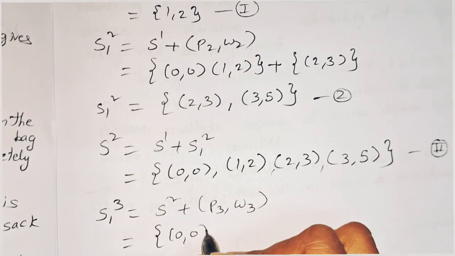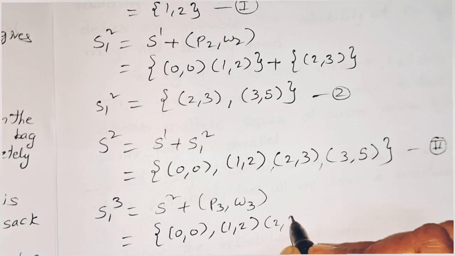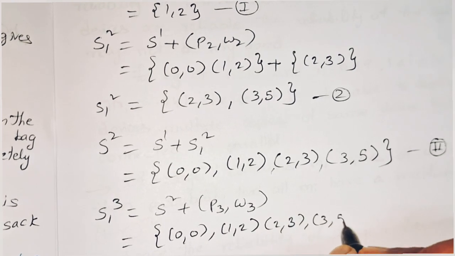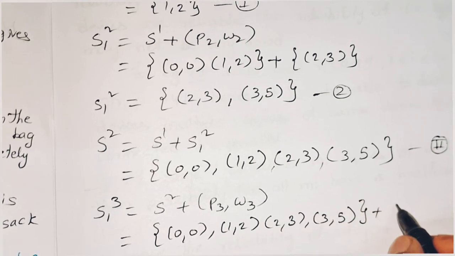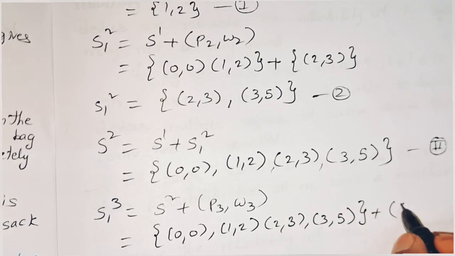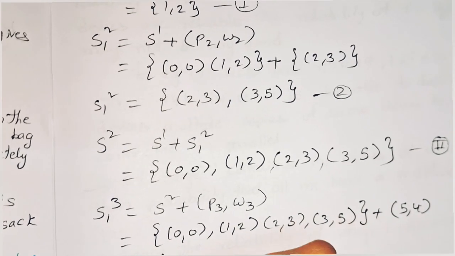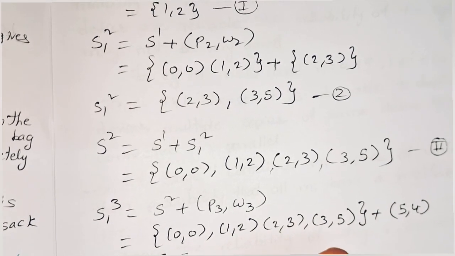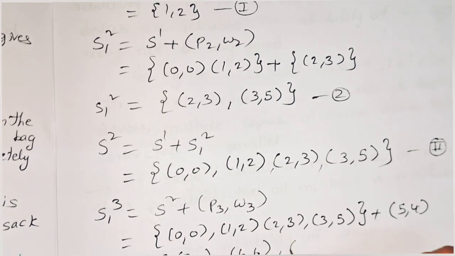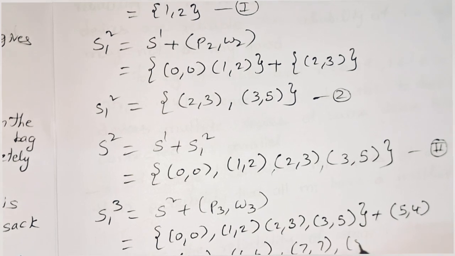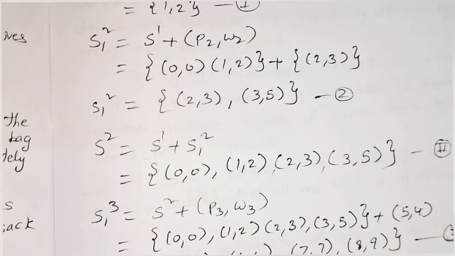So 0 comma 0, 1 comma 2, 2 comma 3, 3 comma 5. So we are adding the profit and weight of the third item, that is 5 comma 4. So if you add this value with this, we get the 5 comma 4, 6 comma 6, 7 comma 7 and 8 comma 9. So this is the third one.